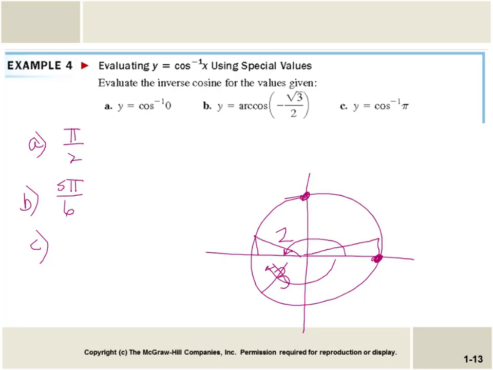Well, it's in quadrant 2 or quadrant... Why is it in quadrant 2 or quadrant 3? It's not negative cosine. It's inverse cosine. Right, but the inverse cosine is between 0 and pi, right?